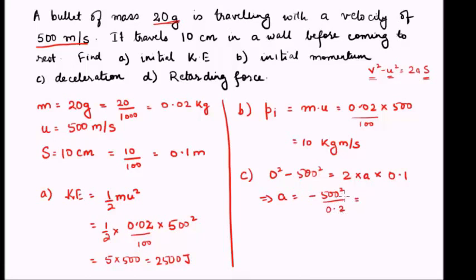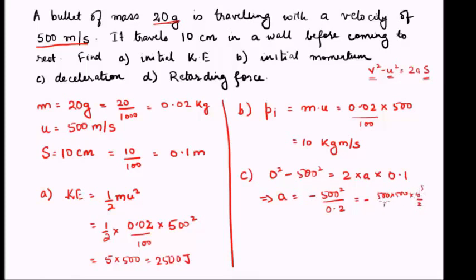That would turn out to be negative 500 into 500 into 10 divided by 2. So that's another 5.